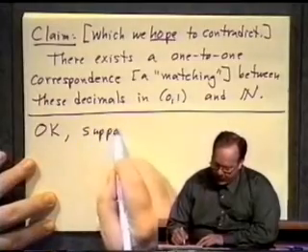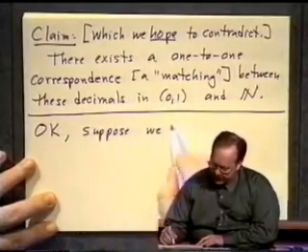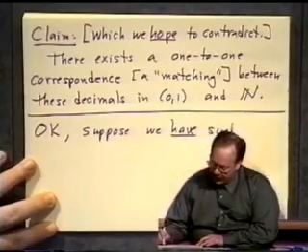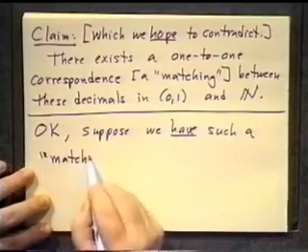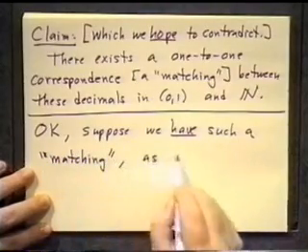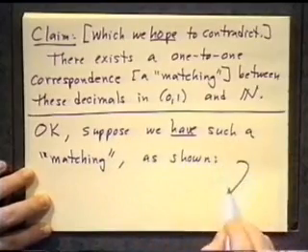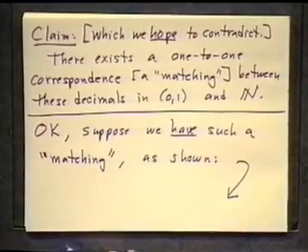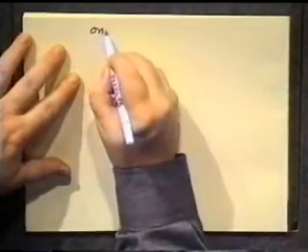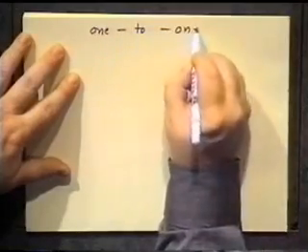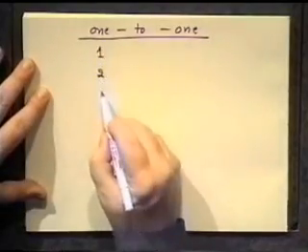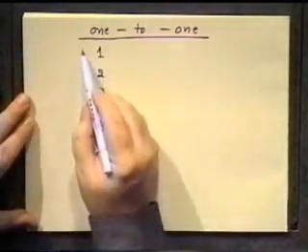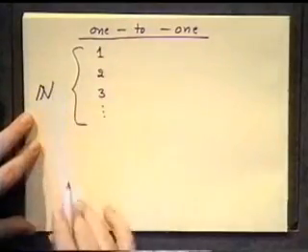Well, okay, suppose we have such a one-to-one correspondence. We have such a matching, say, as shown. I'll show that on another page here. There's nothing particular about this matching. This is simply a one-to-one matching, as we've done before. Over here, I will have the natural numbers that I'm matching up. So this side will represent the natural numbers.